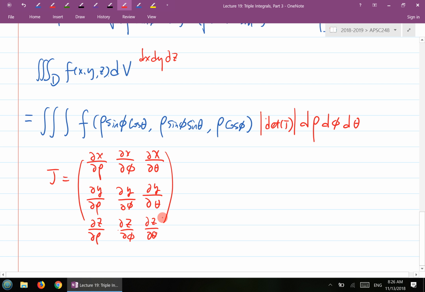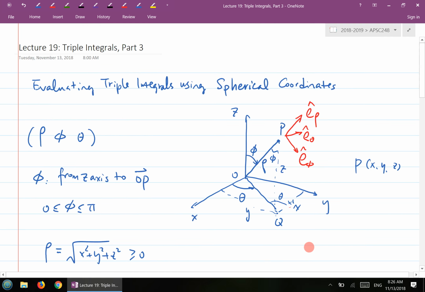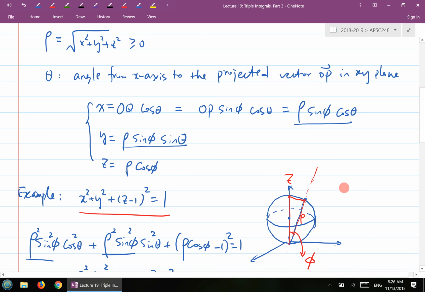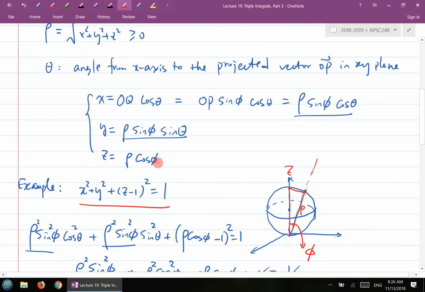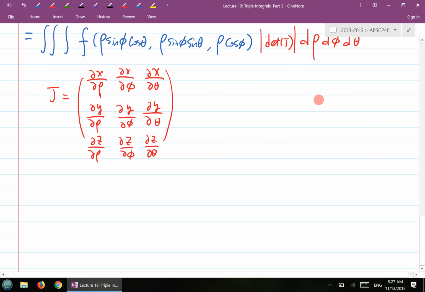I'll leave this as an exercise for you to practice. Your x, y, z expressions are already given here. All you need to do is calculate the 6 partial derivatives and put them into this 3 by 3 matrix. Then you can calculate the determinant of this Jacobian matrix, and it turns out to be rho squared sine phi.